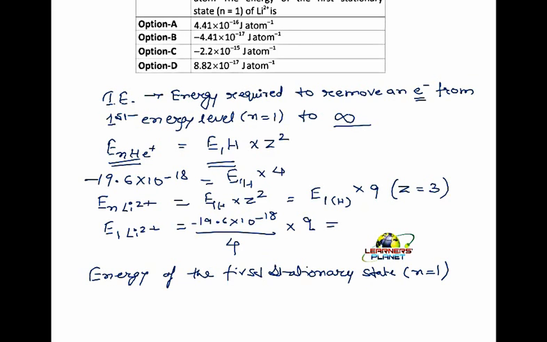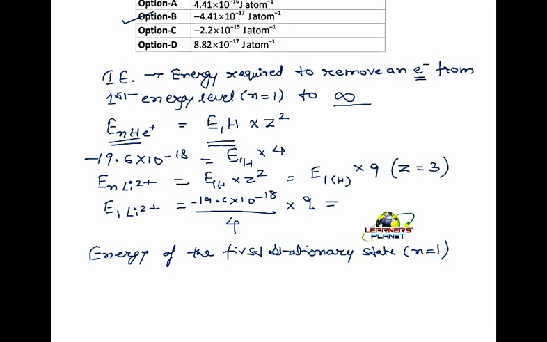Say this is, if I am making it as 20 and I'm making it as 10 divided by 4. So I can't make it 5, I have to take it a less. So it should be minus 4.41 into 10 to the power minus 17. Right? You should just take the approximate values, just round it off.